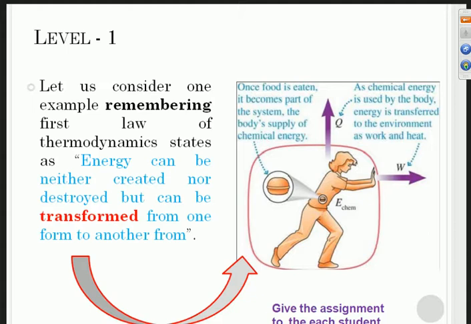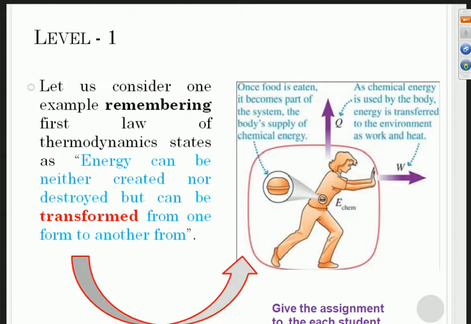If we keep some figure here, say a person pushing an almirah of say 90 kilos, he needs some energy. How do we get the energy? Say for example, he has taken a burger and it has been converted into chemical energy inside our body. Then he got the energy, he pushes the almirah.